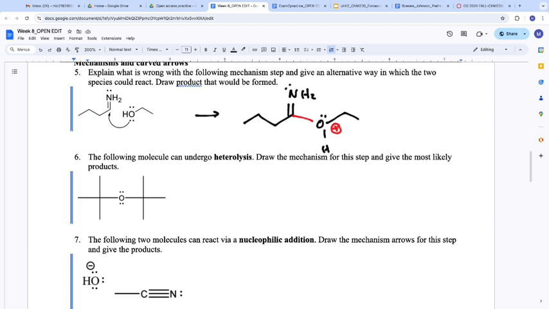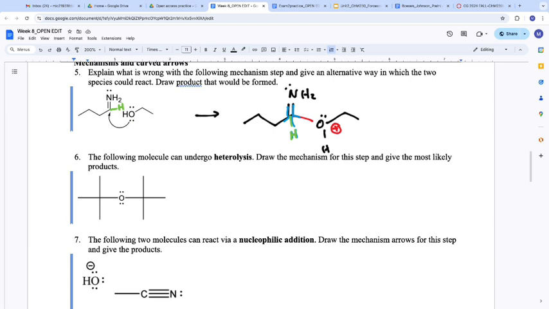Because now it technically would have 5. 1, 2, 3, 4. But what she's saying is there's also a hydrogen. How do you know there's also a hydrogen there? Implied. It was implied at the very beginning because that carbon was neutral. There had to have been an implied hydrogen there to satisfy the octet of the carbon, which means that same implied hydrogen's there at the end because we showed no curved arrows to show anything happening to said hydrogen, which means the resulting structure has exceeded the octet and we're not allowed to do that.